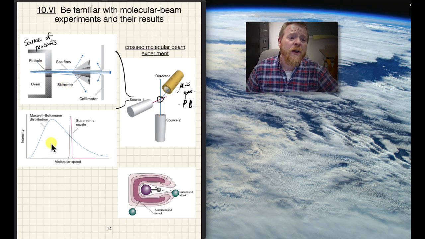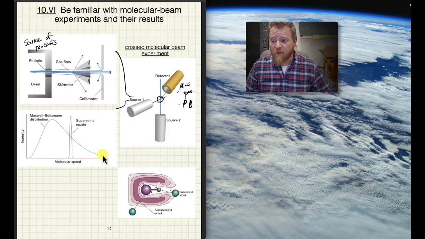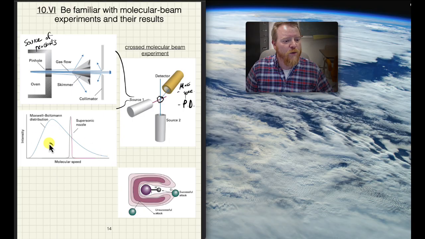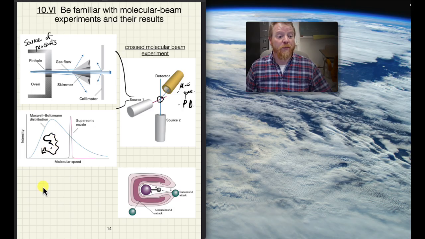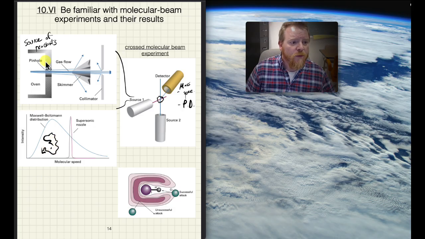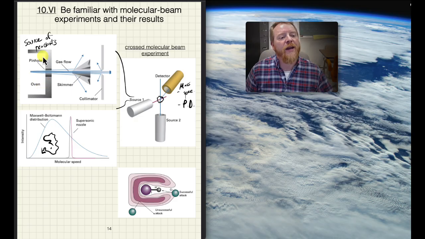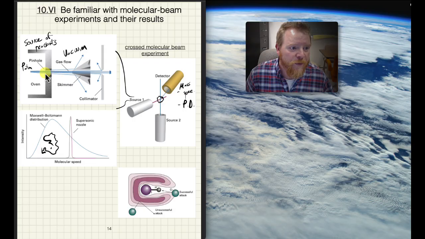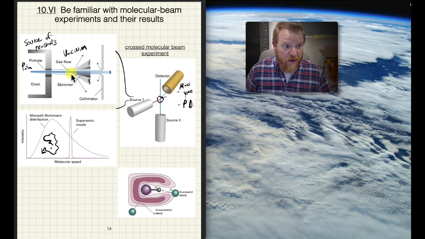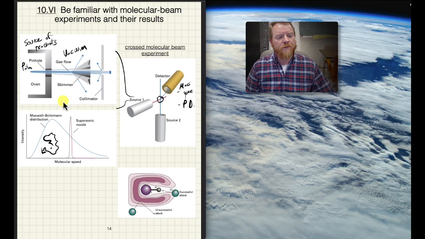If you recall, molecules have this Maxwell-Boltzmann distribution of velocities, and they move in all sorts of random directions, right? The Brownian motion. Well, if we create this pinhole and we have roughly atmospheric pressure on this side of the pinhole and vacuum on the other side, they will expand out as indicated by the flow.